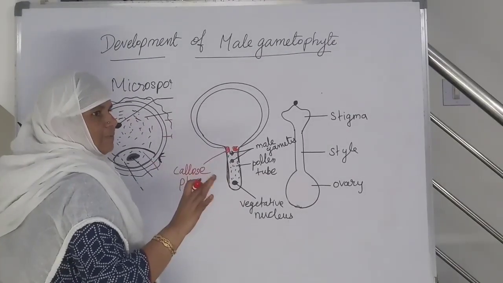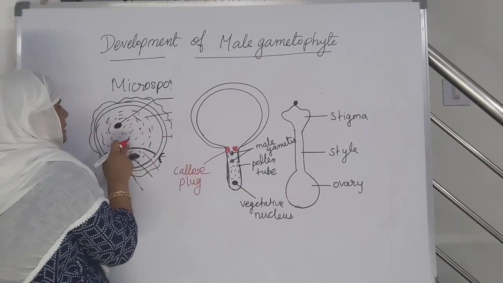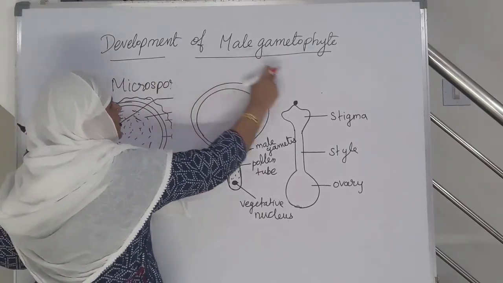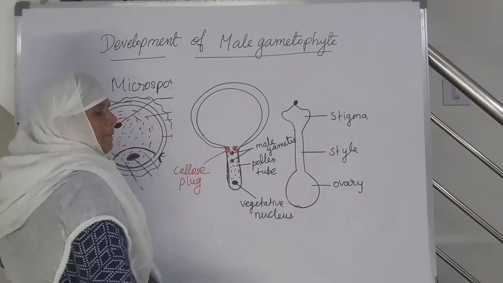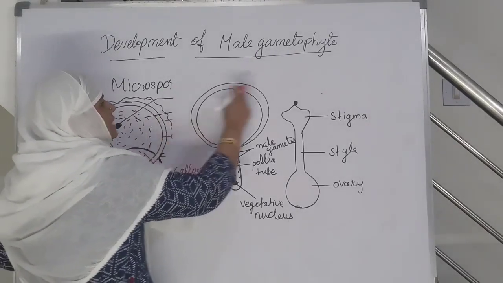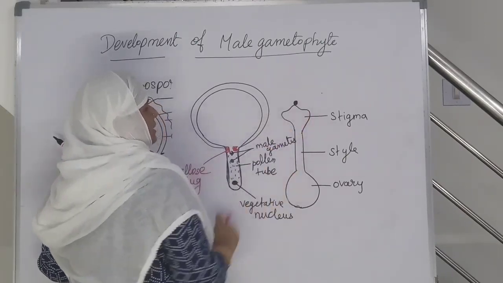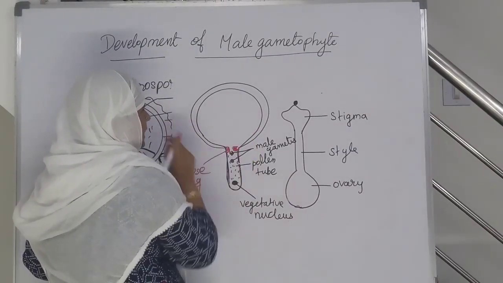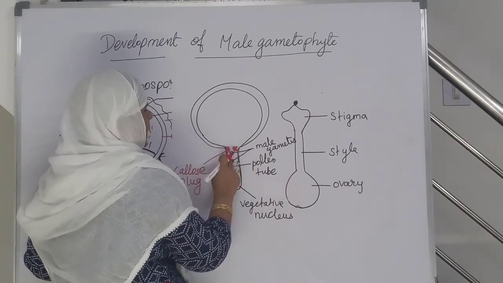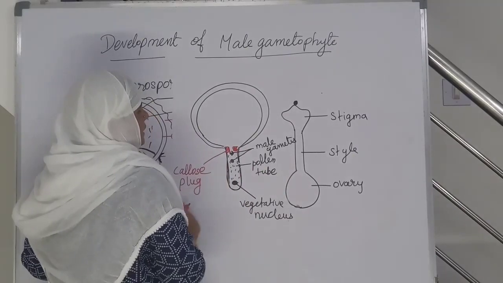In some plants, it becomes the three-celled stage in the microsporangium itself, then it is transferred to the stigma. But in 60% of the angiosperms, only after reaching the stigma does this pollen grain start its development. The intine ruptures here and the exine also disintegrates, and through this the pollen tube is developed.